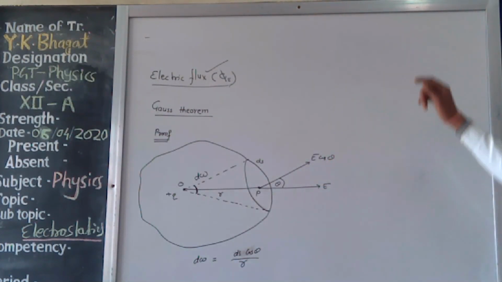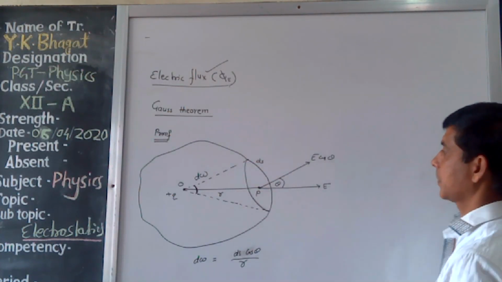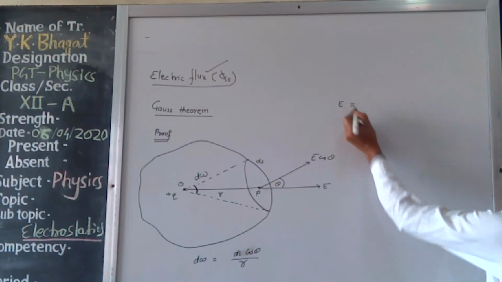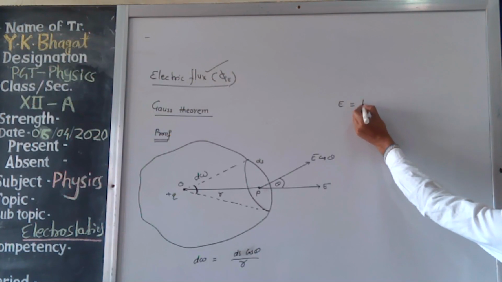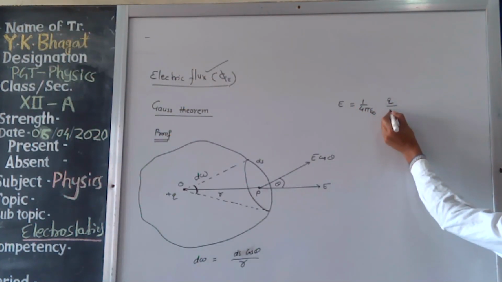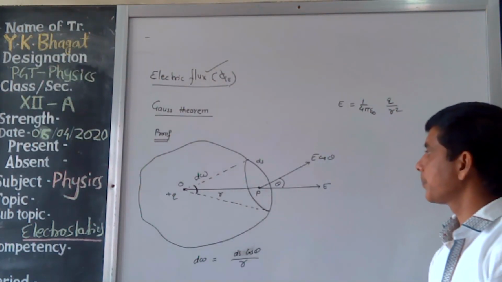Now, for the proof of Gauss theorem, firstly we find out the value of intensity at point P, which is given by 1 upon 4 pi epsilon naught times q upon r square.